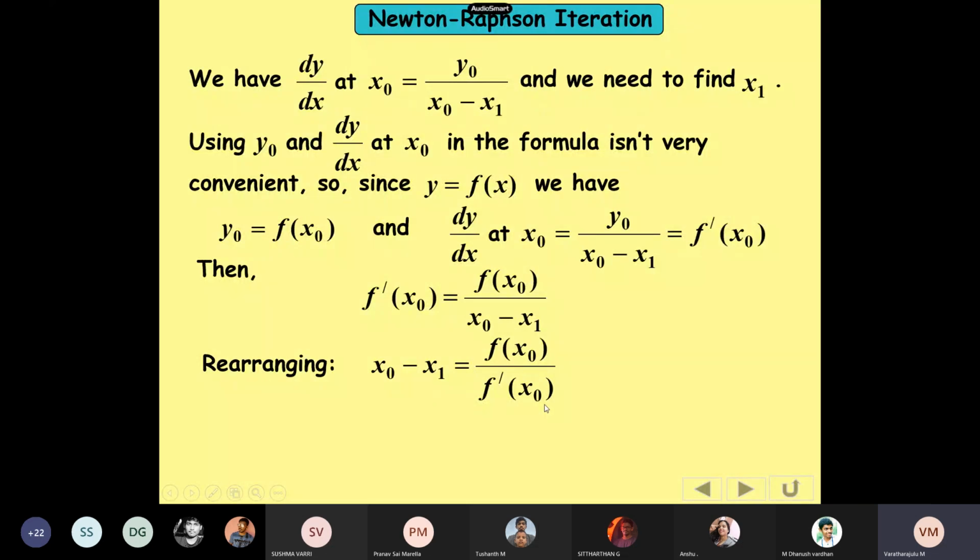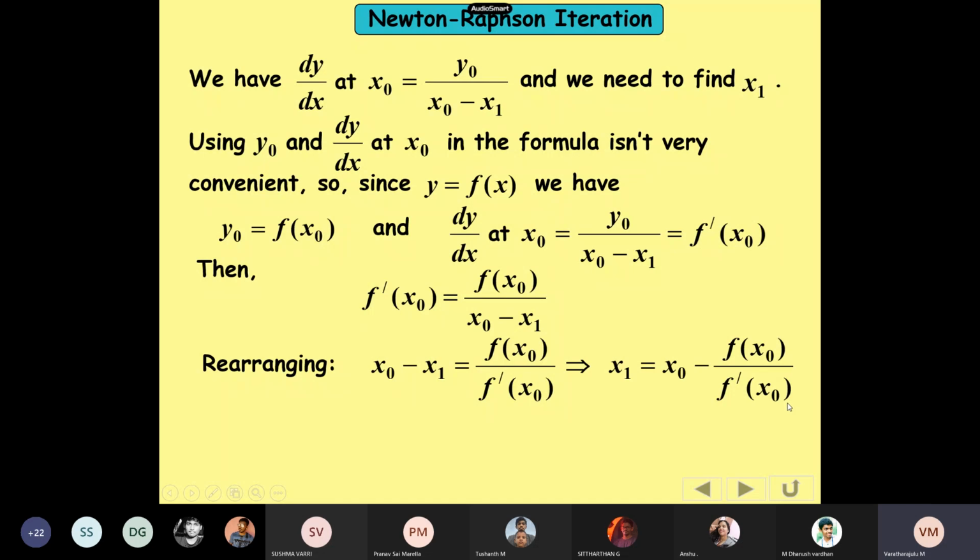Taking x1 to the RHS and this term to the LHS, x1 would be x naught minus f of x naught divided by f dash of x naught.